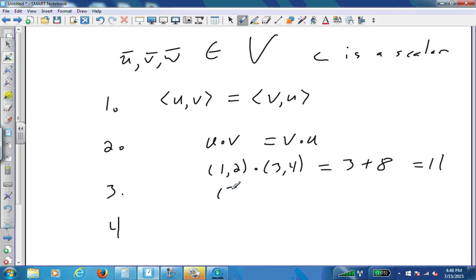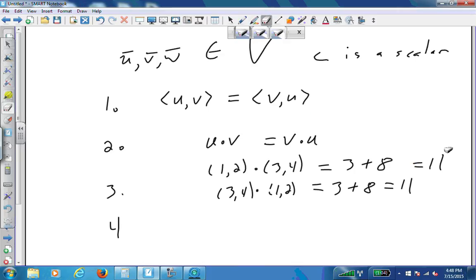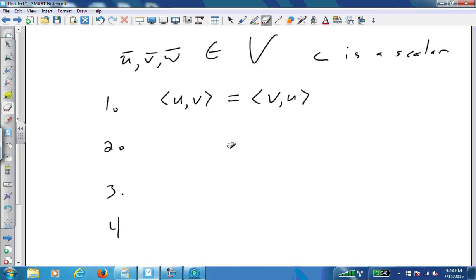If we change the order, we take 3 times 1 plus 4 times 2, and we still get the same answer. So if you swap the order of your operation, you still get the same answer.